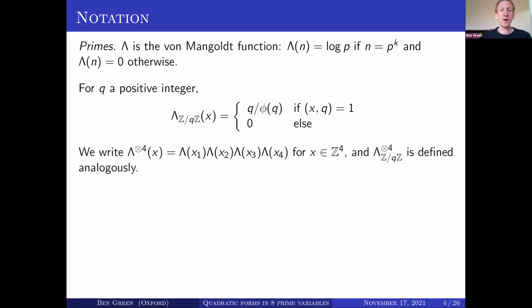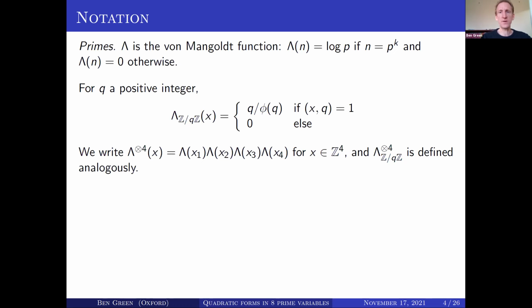Now I'm going to be dealing with forms in many variables. And rather than writing things out explicitly, it's useful to introduce this sort of tensor power notation. So when I write lambda tensor 4 of x, what this means is that x is a 4-vector, x1, x2, x3, x4, and I'm taking the product of the von Mangoldt function over its entries.